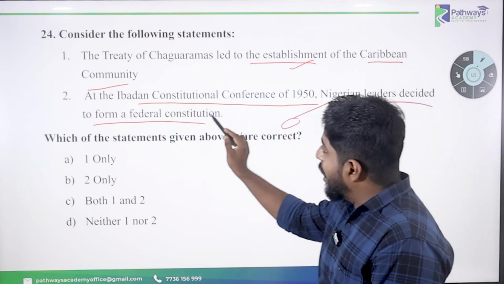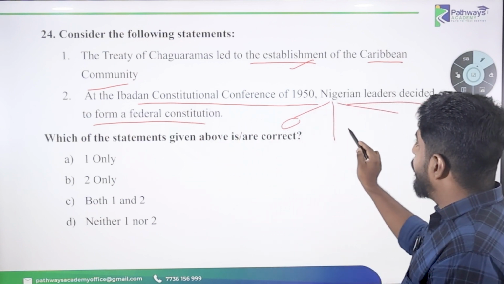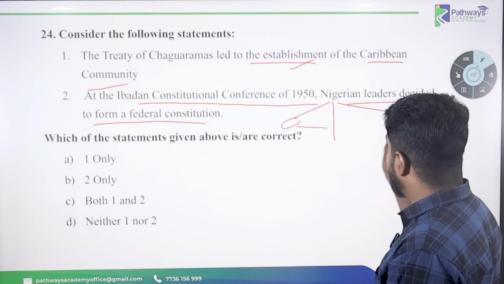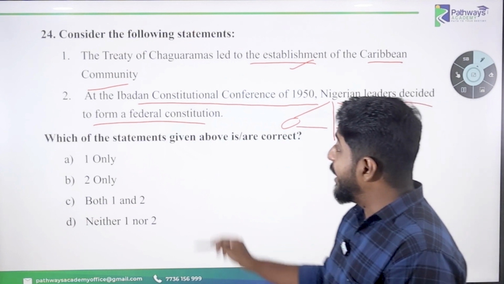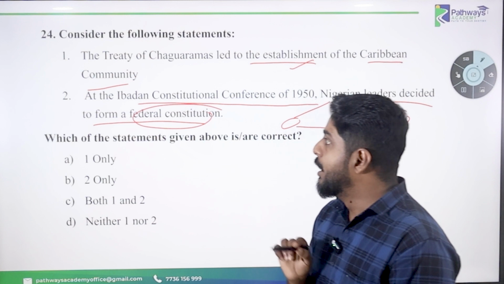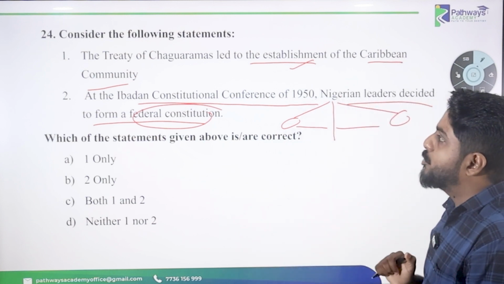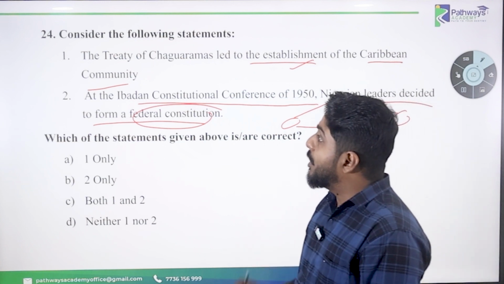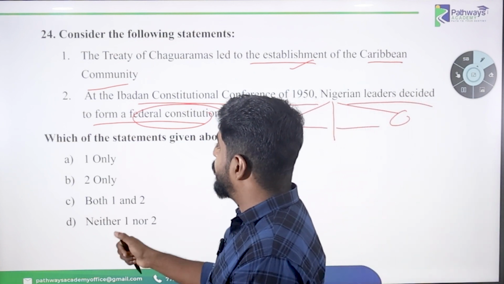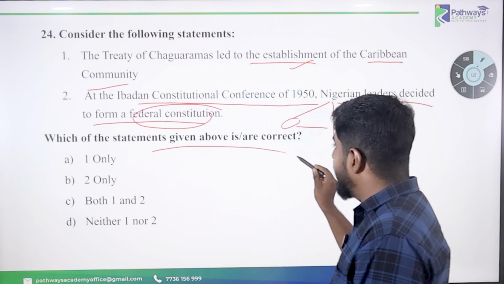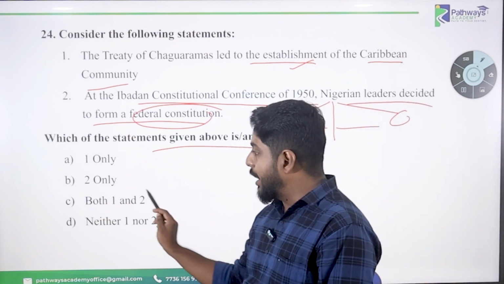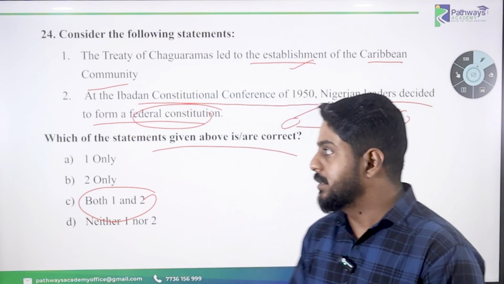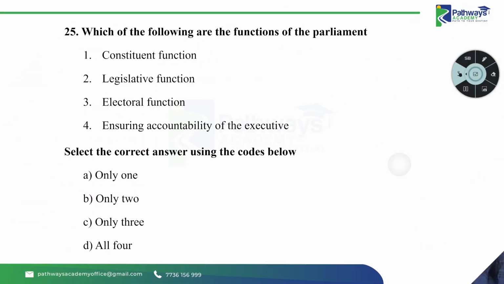Now, at the Ibadan Constitutional Conference of 1950, they decided that they would come together and form a federal constitution for Nigeria. So this is totally factual, based exclusively on NCERT. Read it. That's the only way by which you can solve this question. Both 1 and 2 are correct statements.